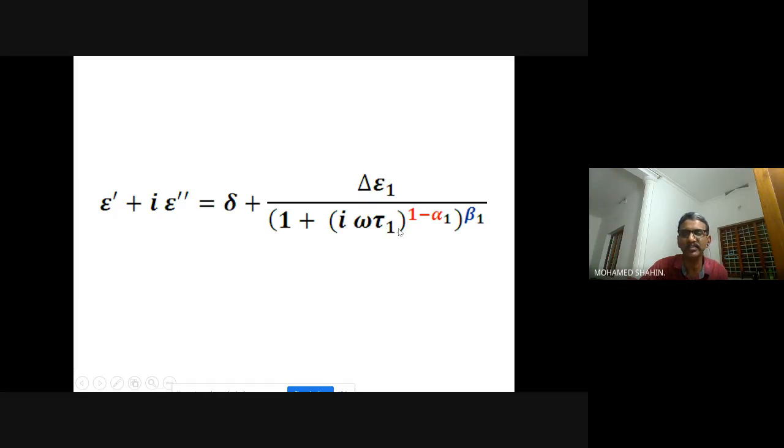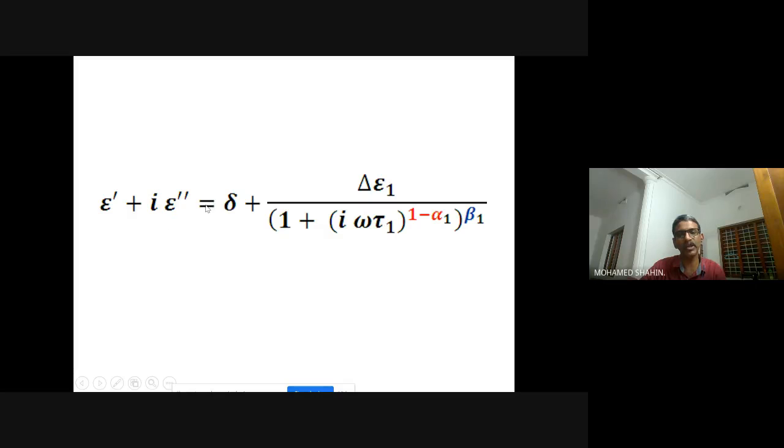We put a suffix because we have one more process to add, and this is complex, and these are all real quantities.